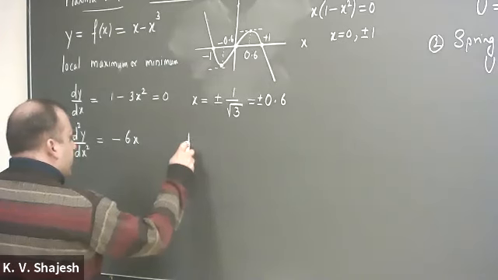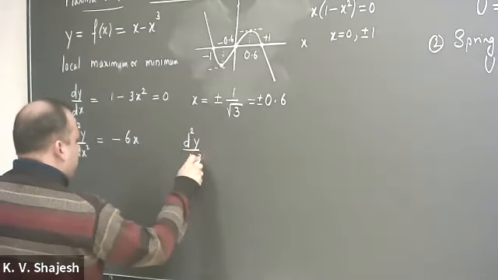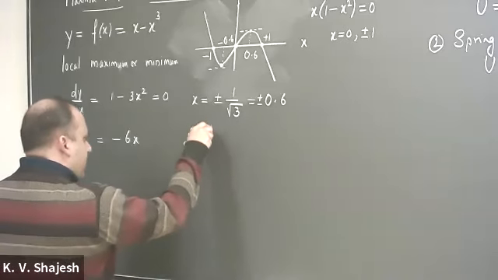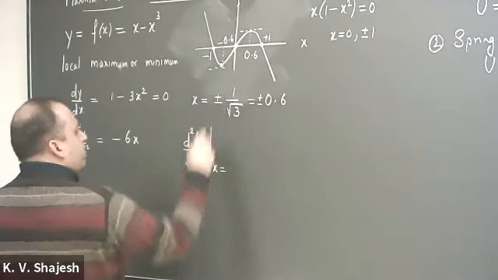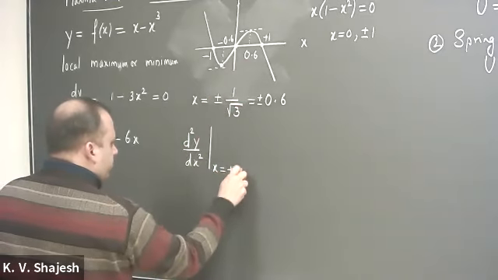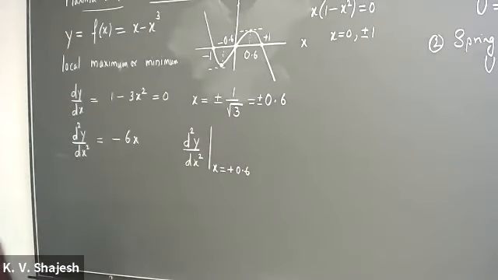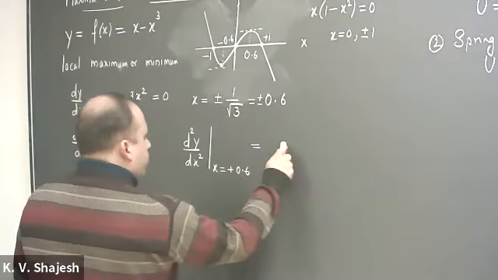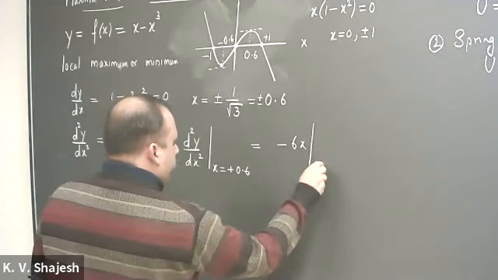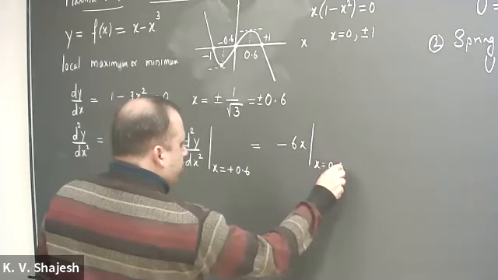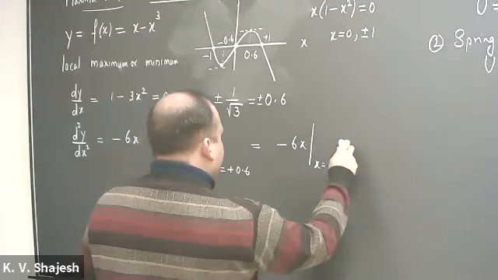So I take the second derivative, which is actually minus 6x, but then I evaluate that at x equal to, let me say, plus 0.6. I do minus 6x, evaluated at x equal to 0.6, that makes it 3.6, right?